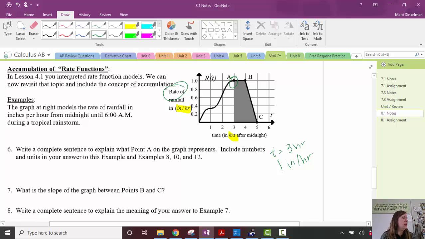And so when we're trying to write this complete sentence, we're going to make sure that we include both of those things. So that 3 hours in, and maybe we should look. An hours from midnight. So we might as well say at 3 a.m. And I'm going to steal their words, the rate of rainfall. Didn't need to capitalize that, but I did.